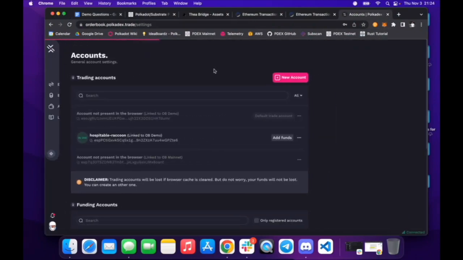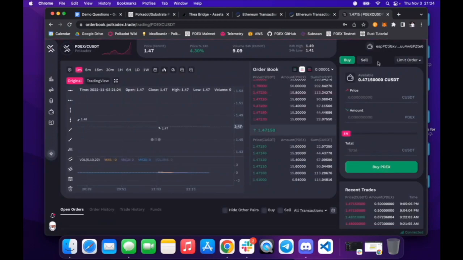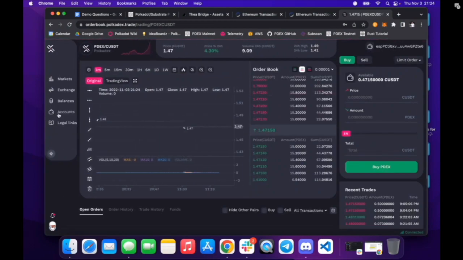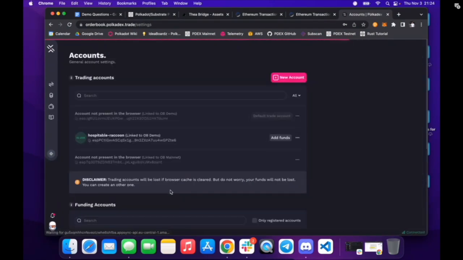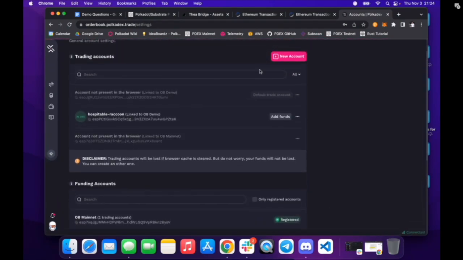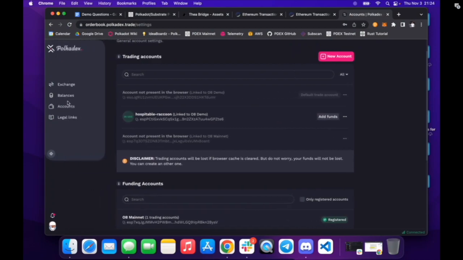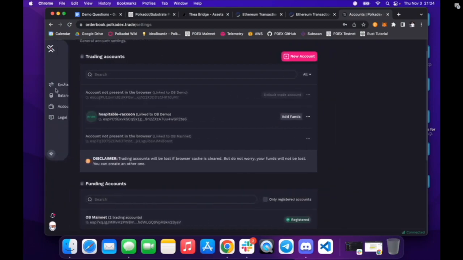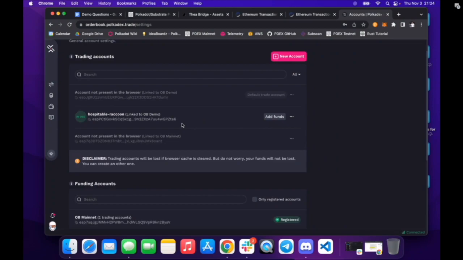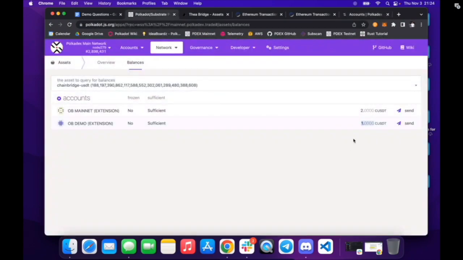Again, I covered how to sign up with your email, and then how to register a funding account, add a trading account linked to the funding account, add some funds to it and trade, and then how to withdraw funds back to your Polkadex account.